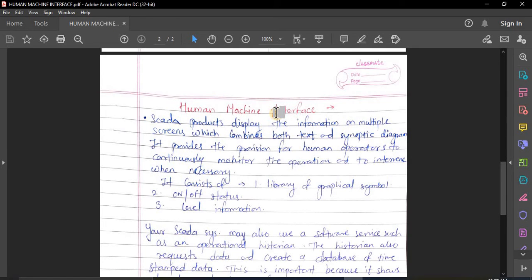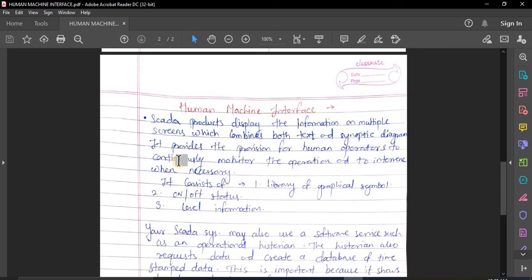It interfaces the machine with the human in a language readable by the human. So in case of automation, it is an interface between the process and the operator. SCADA products display the information on multiple screens, which combine both text and symbolic diagrams.